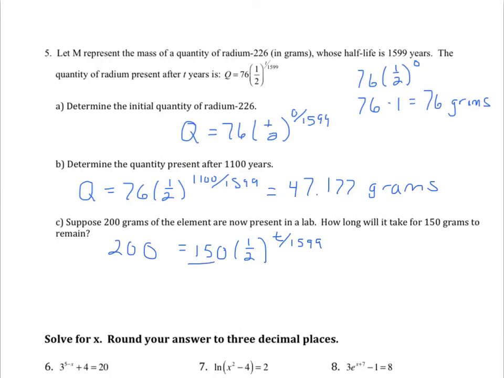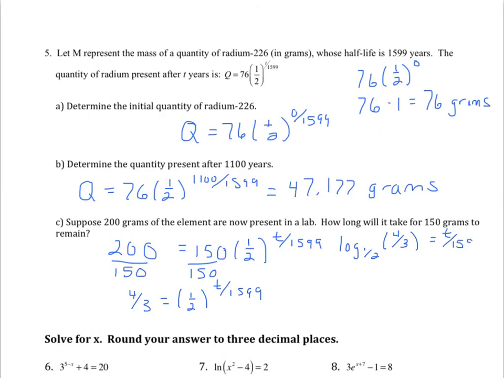So first thing we want to do is divide by 150. So we'll have 4/3 equals 1/2 to the t over 1599. And then to get rid of the 1/2, we want to log base 1/2 both sides. So we have log base 1/2 of 4/3, and that equals t over 1599.